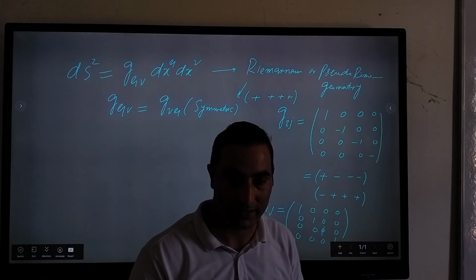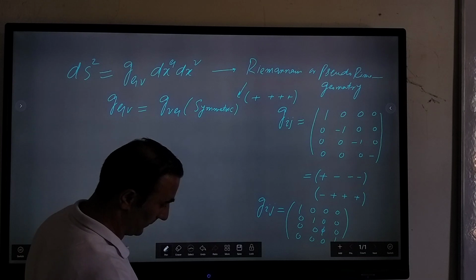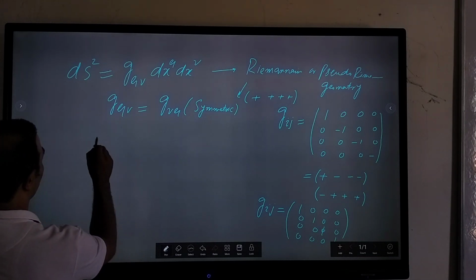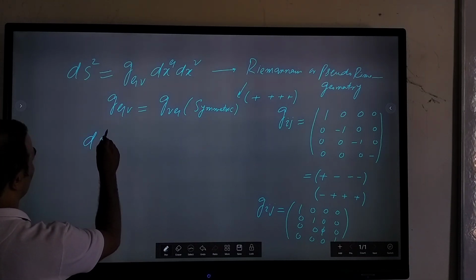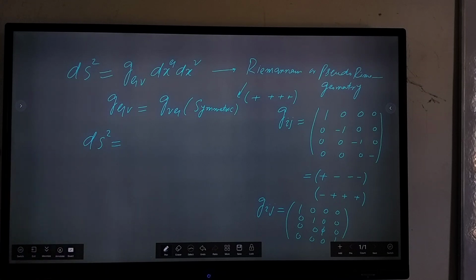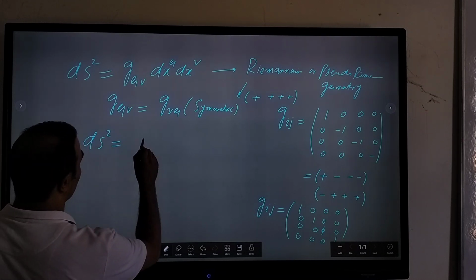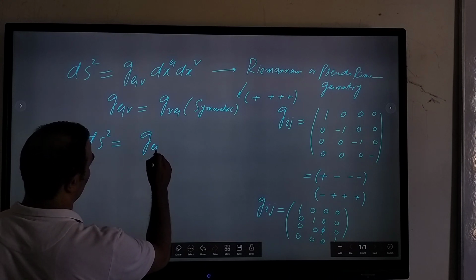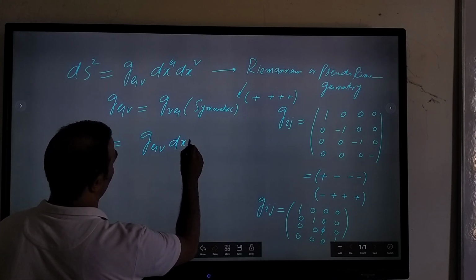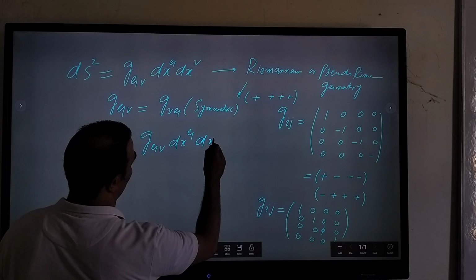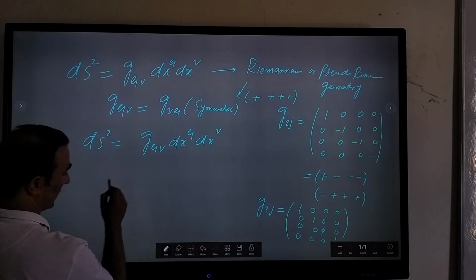So it is a symmetric tensor, right? The symmetric matrix, sorry. Now if I write our ds square, that will be equal to g_mu_nu dx^mu dx^nu, right?